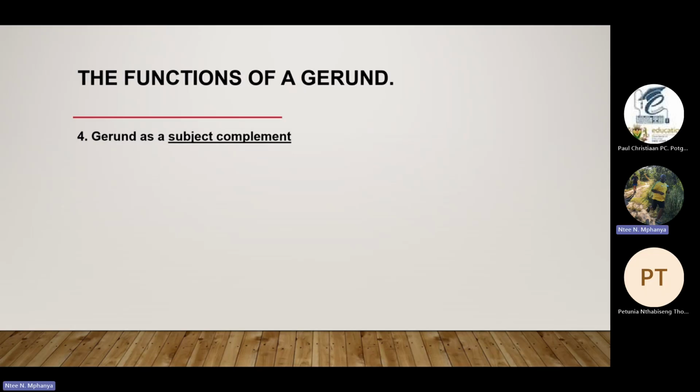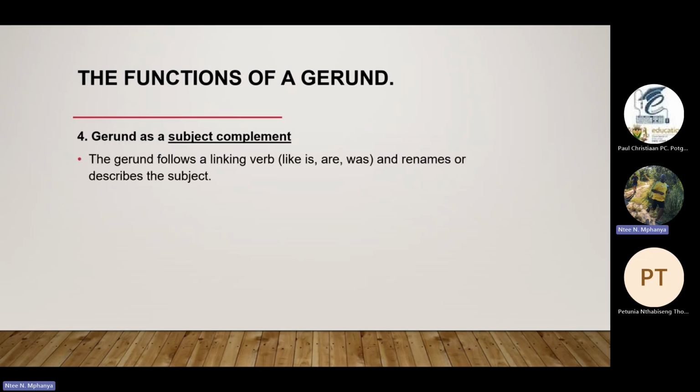What happens when a gerund is a subject complement? Then the gerund follows a linking verb. If a gerund follows a linking verb like is, are, or was, and renames or describes the subject, then we refer to it as a subject complement. His favorite hobby is painting.